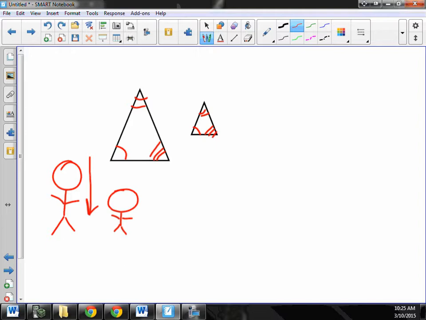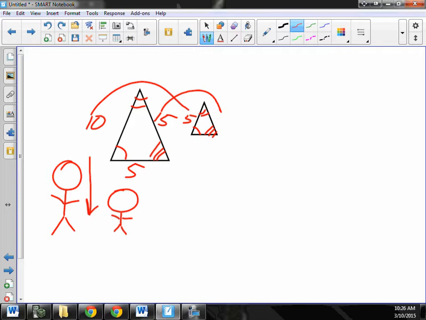And whenever you have similar triangles, let's say that this is 10, 15, and 5, the other sides are going to be proportional. So let's say that this side here is 5. What would that side be? Well, don't trust the picture.